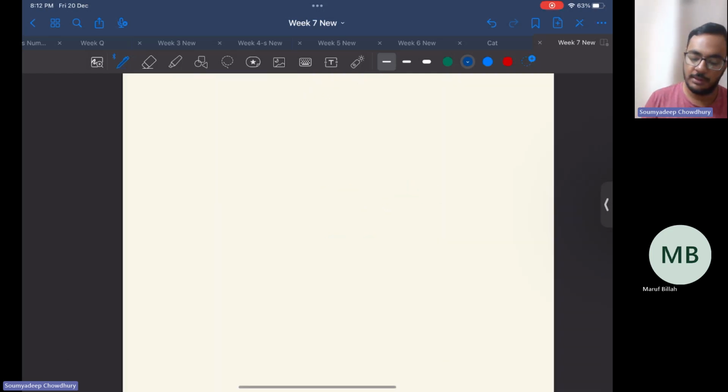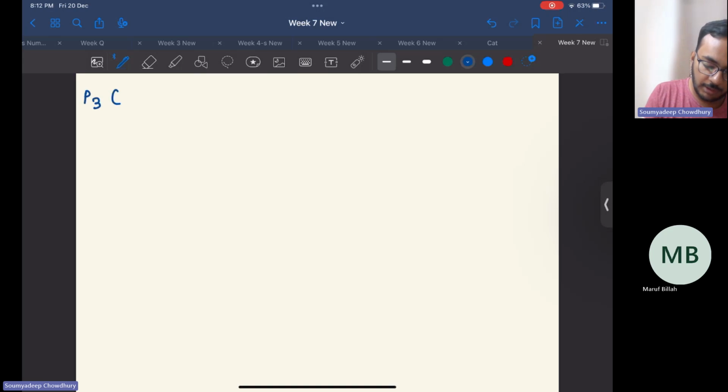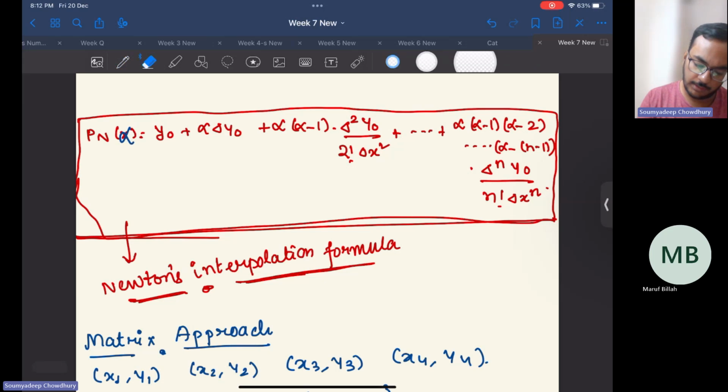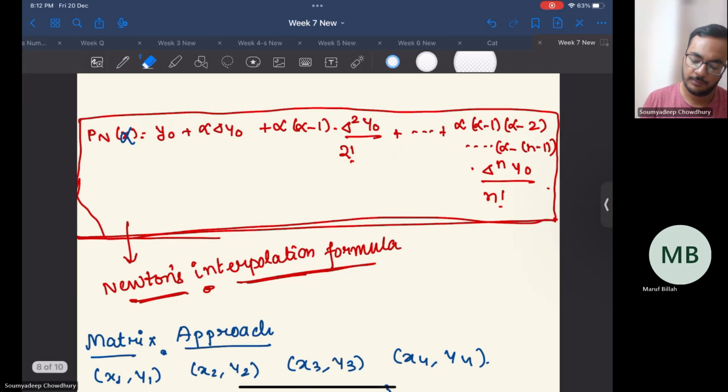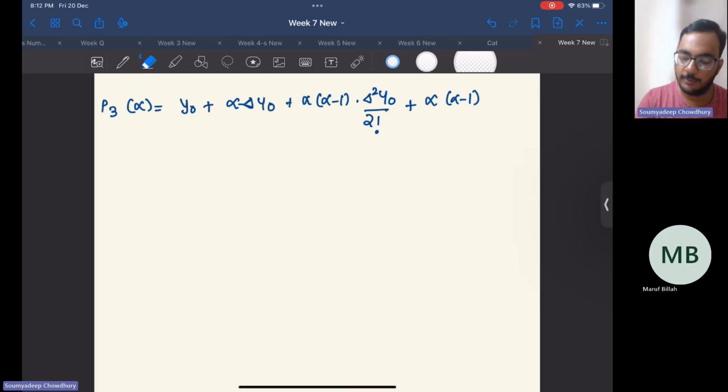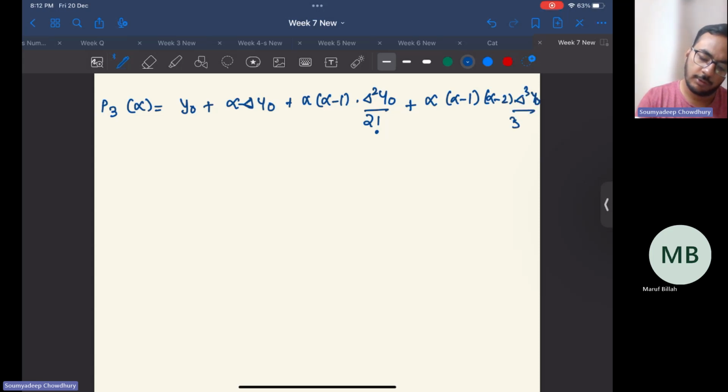Now we substitute: P3 of alpha equals y naught plus alpha delta y naught plus alpha into alpha minus 1 into del square y naught upon 2 factorial plus alpha into alpha minus 1 into alpha minus 2 into del cube y naught by 3 factorial.